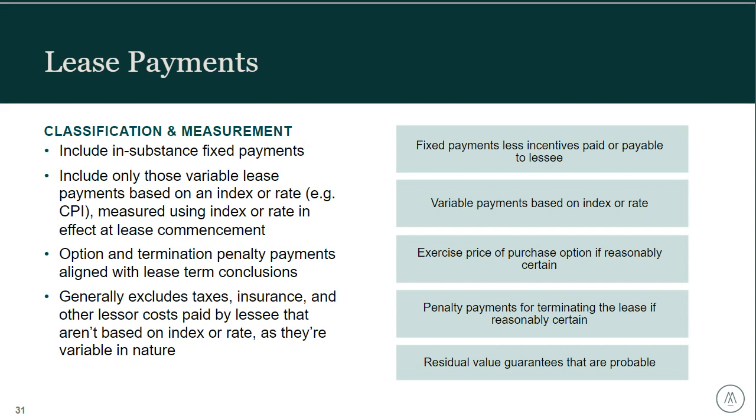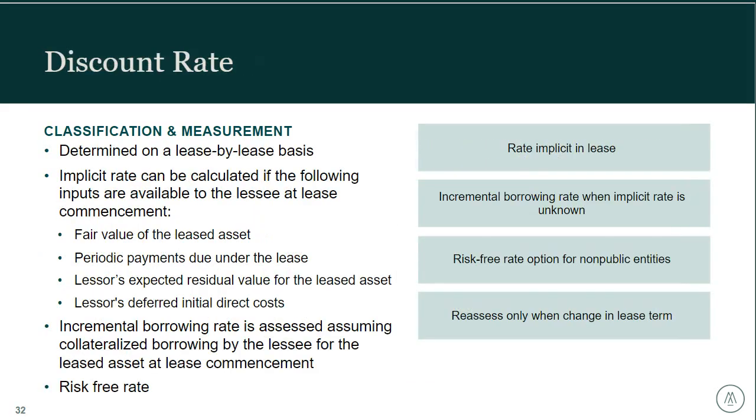Options and termination penalty payments are also included here: the exercise price of a purchase option, if reasonably certain, penalty payments, if we're reasonably certain, and then some residual value guarantees.